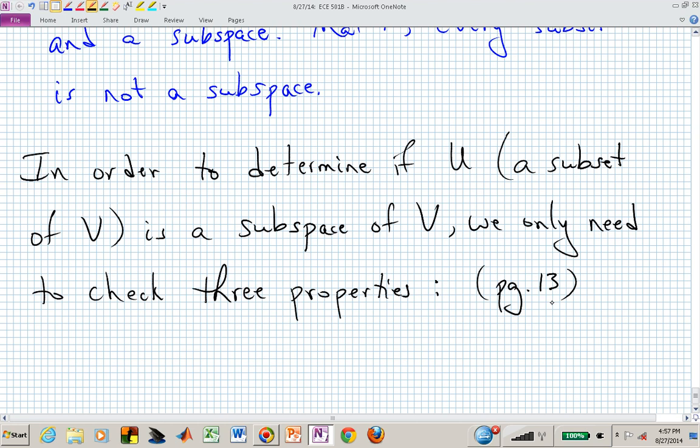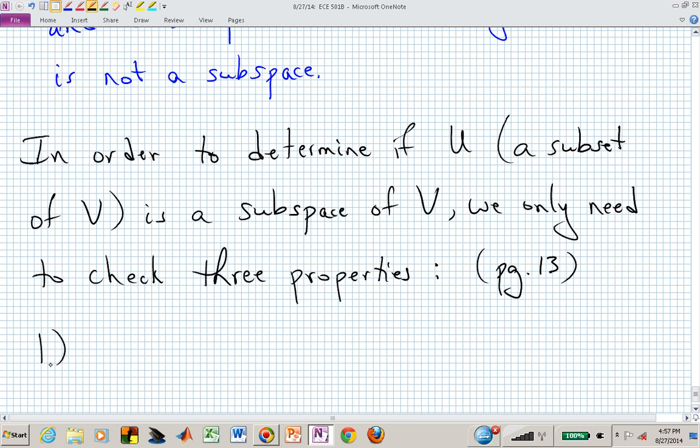And this is talked about on page 13 of the book. One of those three properties is that U has to have an additive identity.